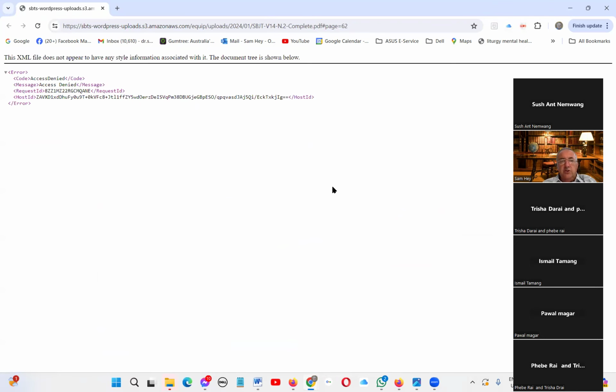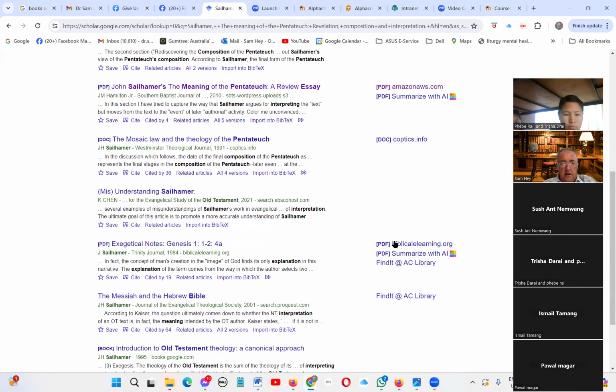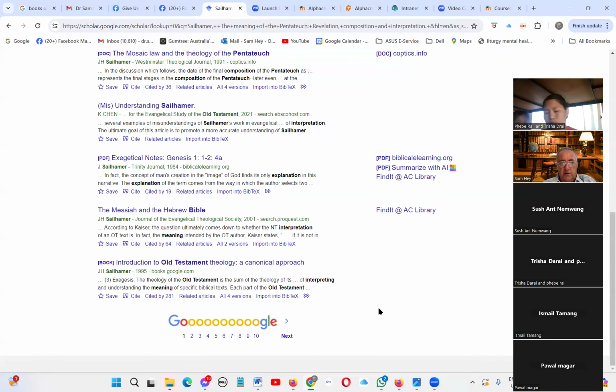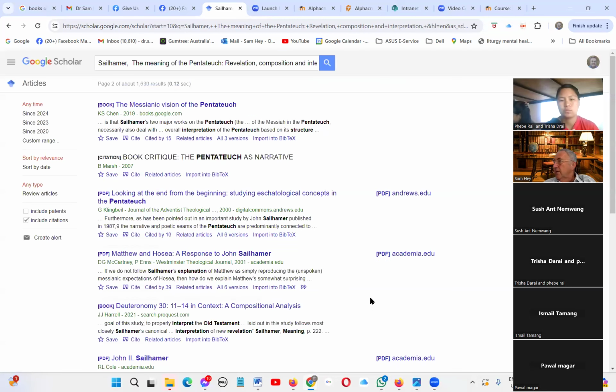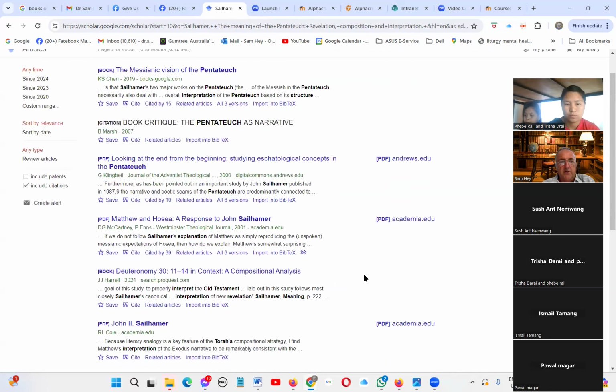And so we could go to that. And this shows you someone else's resource that they've written on Sailhamer's material. So you could find it very useful to go to these other resources about Sailhamer's writing there, which is very useful. So that's Sailhamer's writing on the Pentateuch.